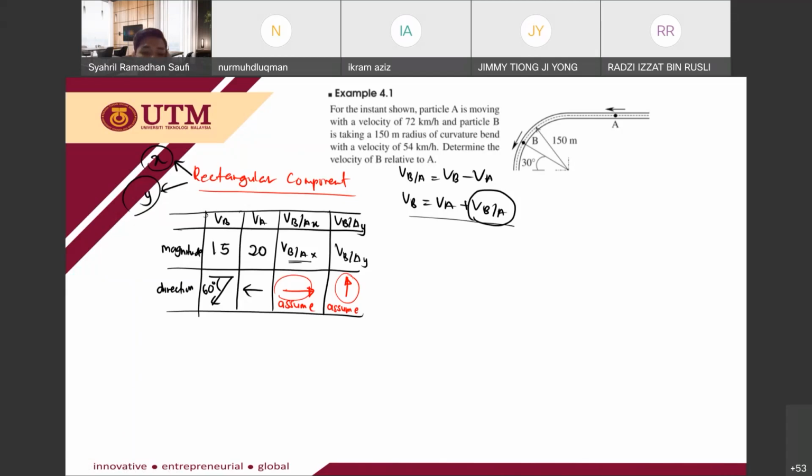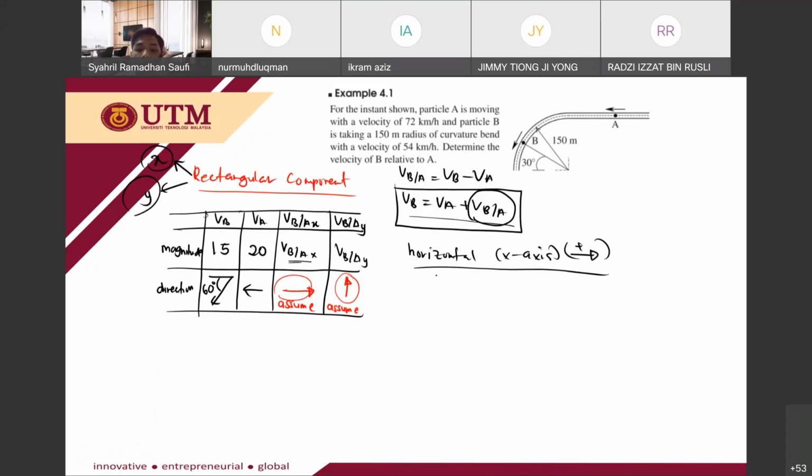So now what you need to do is use a horizontal analysis, which is the x-axis, where you say that to the right is positive. This is the equation that I will use during the analysis. VB is equal to VA plus VB through A. Since I do the analysis on the x-axis, I put VBX, VAX, and VB through AX.